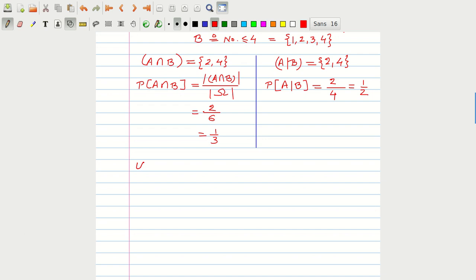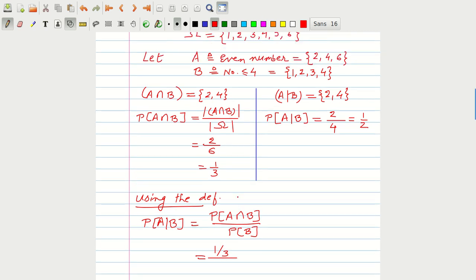So using the definition, we write probability of A given B is equal to the joint probability of A and B upon probability of B, which is equal to the joint probability of A and B we already computed, 1 by 3, upon the probability of B.